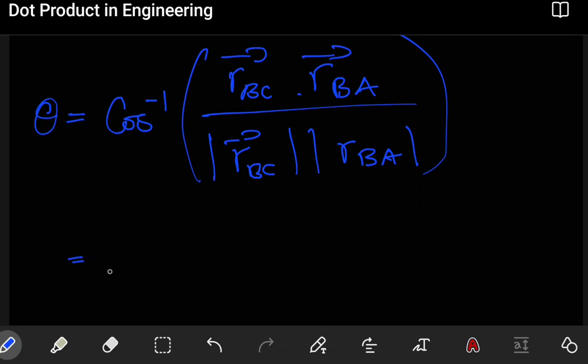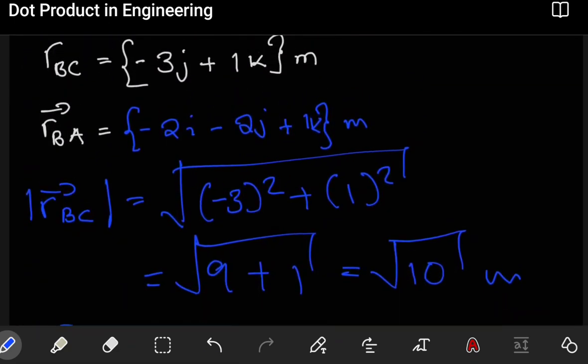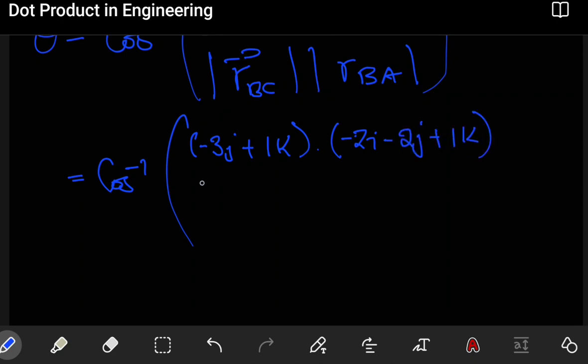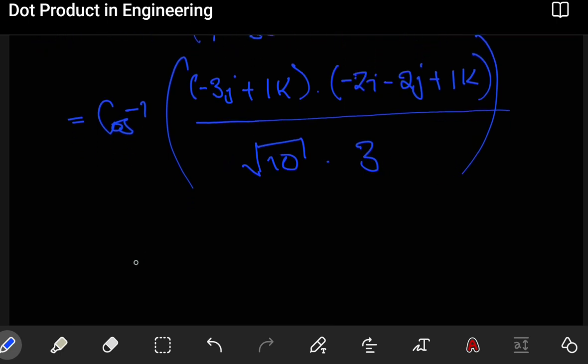On top, we need the dot product, so I'll just get the two vectors as they are. We have RBC, that's minus 3j plus 1k, dotted with minus 2i minus 2j plus 1k. Then this has to be divided by the product of their magnitudes. For the first one, the magnitude was root 10. For the second one, the magnitude is just 3. So this is the expression we're dealing with.